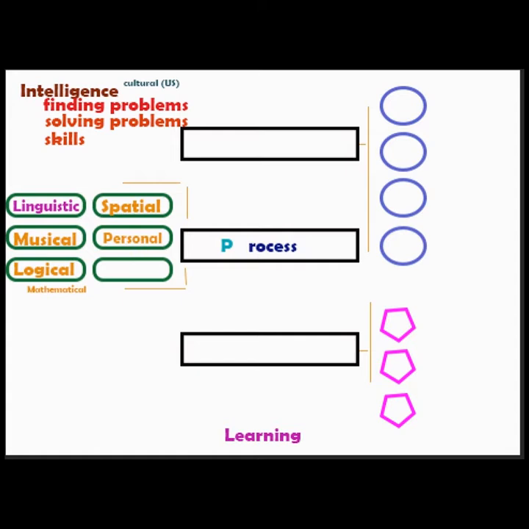There's personal intelligence. Now, Gardner in Frames of Mind talks about personal as being both extrinsic and intrinsic. That is, personal sense of self focused inwards. How well do you know yourself? He's not talking about a narcissistic personality here. That's a misunderstanding of what he's talking about.